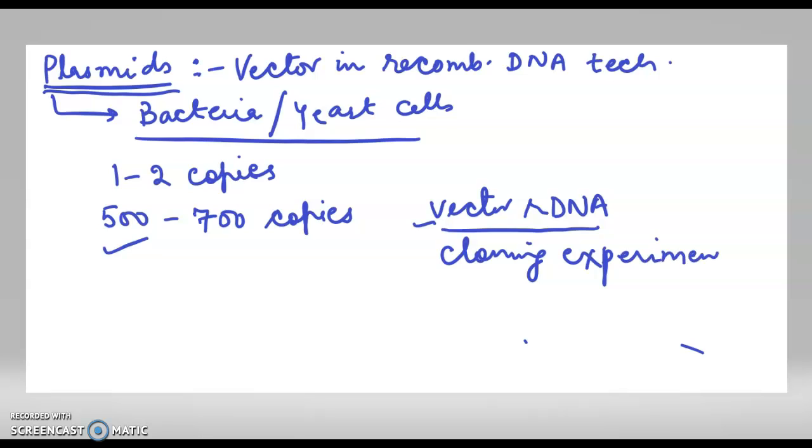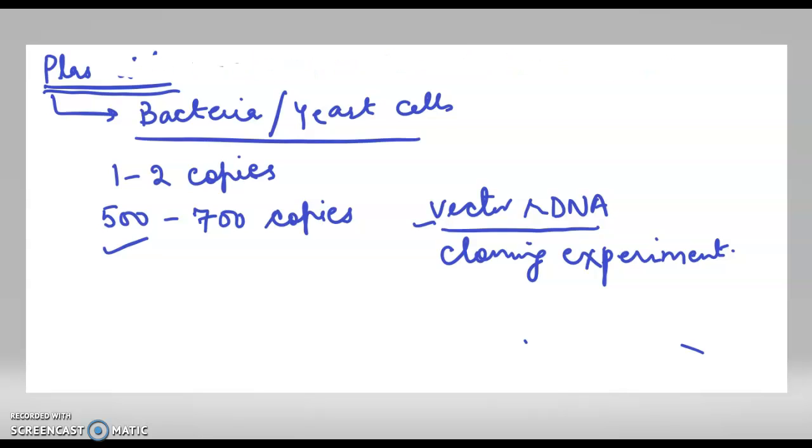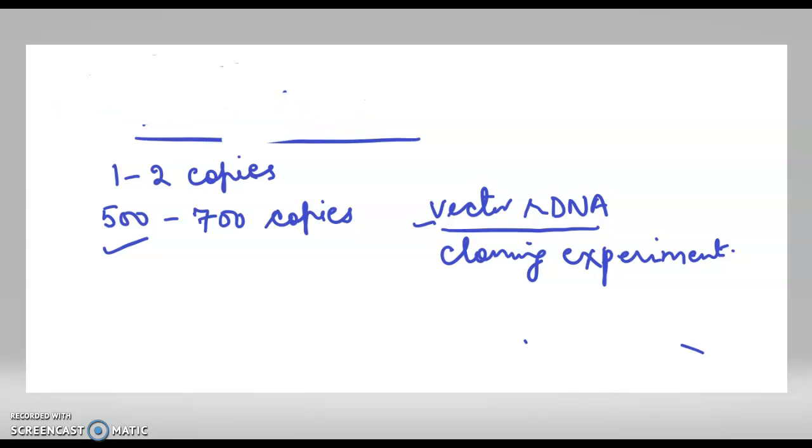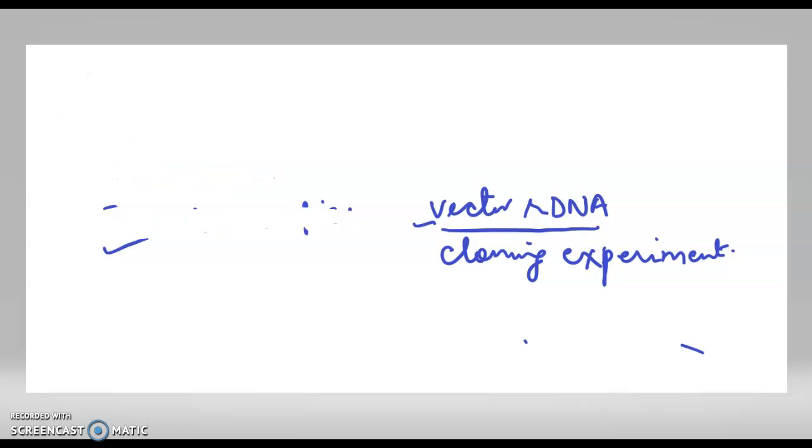Before telling you about different types of plasmids, first we'll study the basic features of plasmids. Bacteria have their own DNA, and similarly, bacteria have plasmid vectors in addition to host DNA.